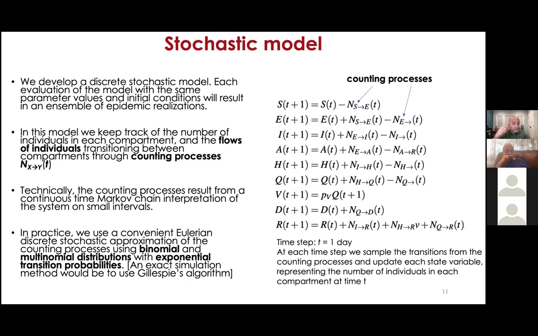Biostatisticians maybe think of it as a structural equation type of model where you're looking at the flows.